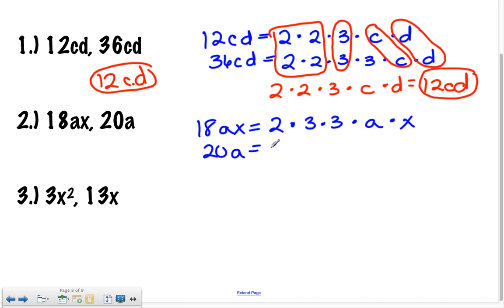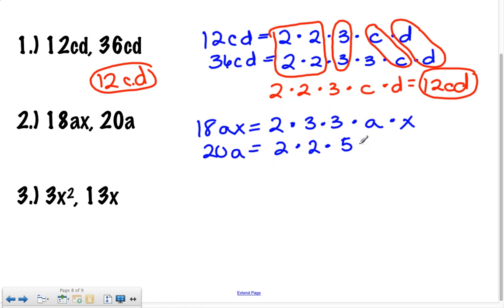So what multiplies to be 20? 2 and 10. So we have 2. But 10 is a composite, so we need to make it a prime. The prime numbers that multiply to be 10 are 2 and 5. I like to put the numbers that match together, so instead of writing 5 first and then 2, I write them together so that when I go to circle them, I can circle them easily if they match up.